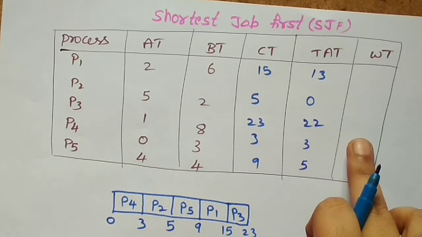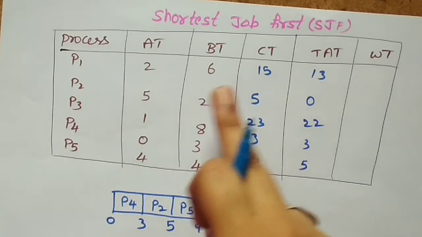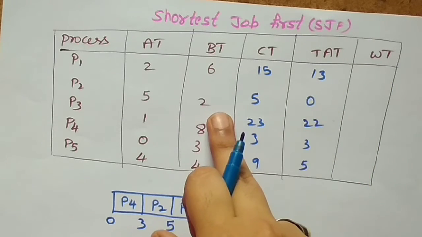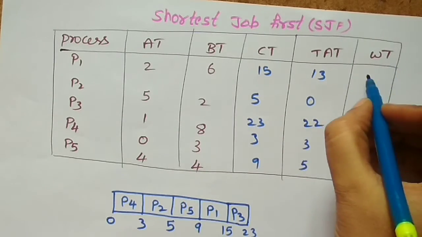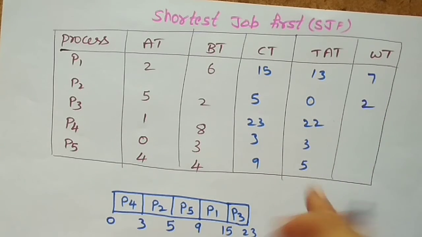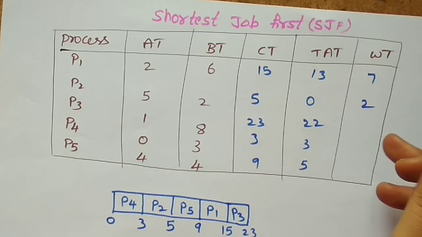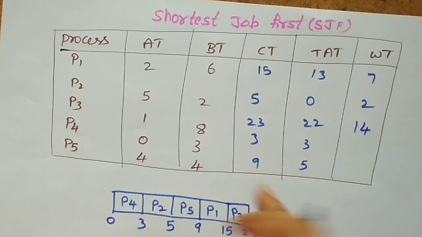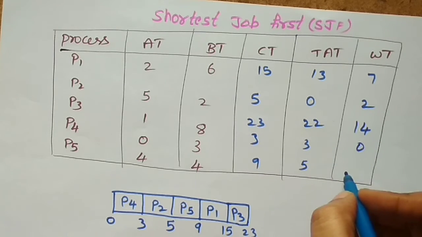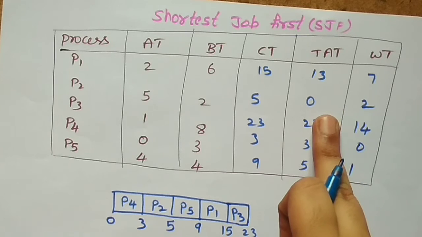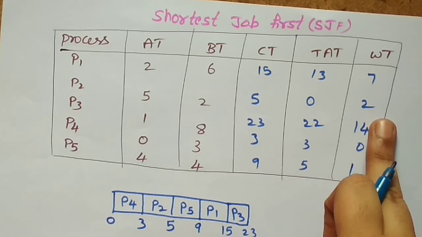What is the waiting time here? Waiting time is turnaround time minus burst time. So 13 minus 6 is 7, 0 minus 2 is 2 only, 22 minus 8 is 14, 3 minus 3 is 0, and 5 minus 4 is 1. Now we have to calculate the average turnaround time and average waiting time.